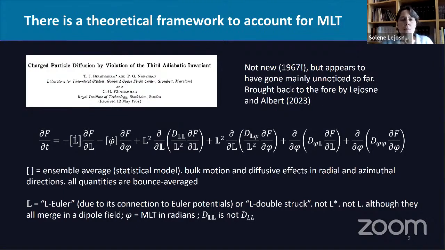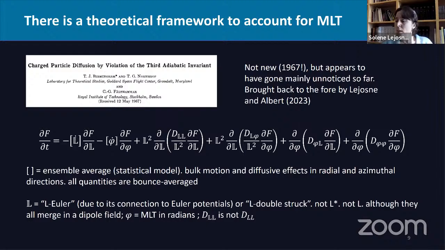The third term on the right looks a bit like radial diffusion, but this parameter, L Euler, L double stroke as I like to call it, is not L star. I won't go into details there, but the first two terms correspond to the bulk motion of your plasma, and then you add some diffusive effect in both radial and azimuthal directions, and cross terms as well.